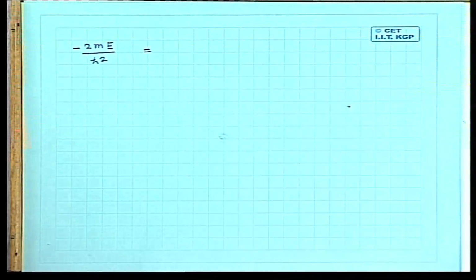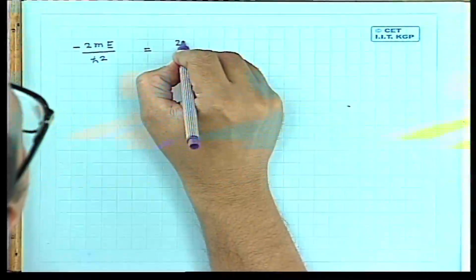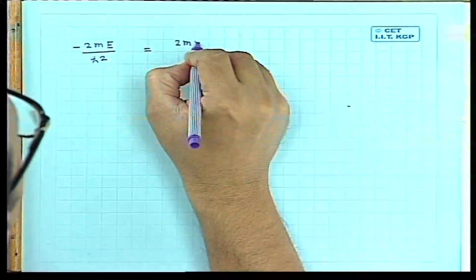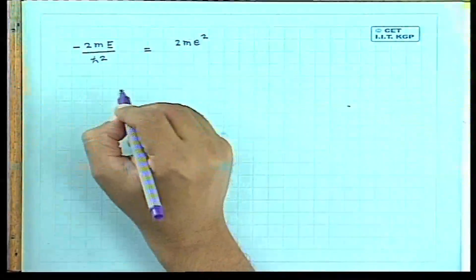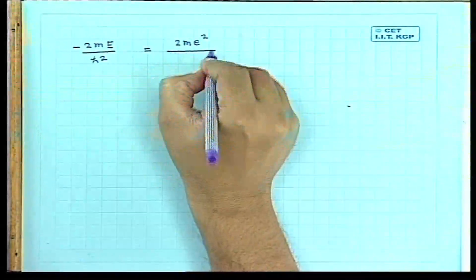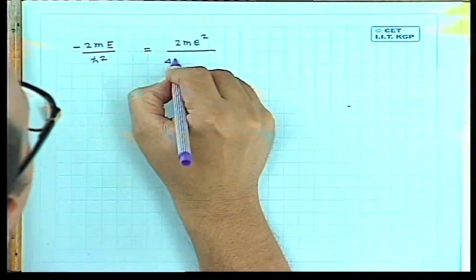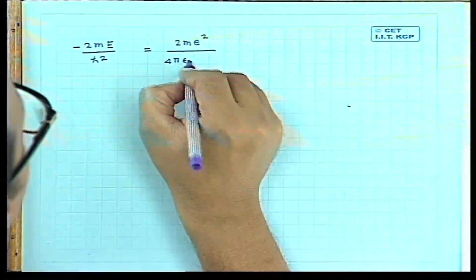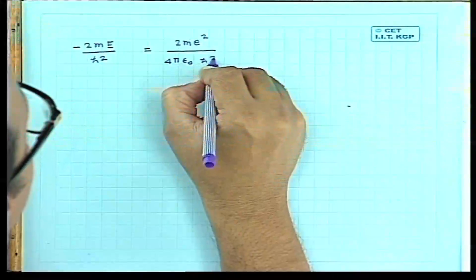K is 2 me squared by 4 pi epsilon naught h cross square.